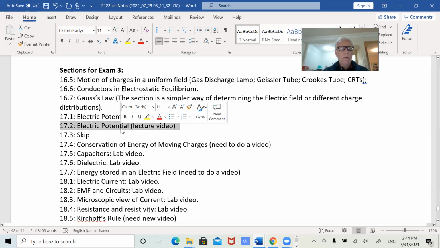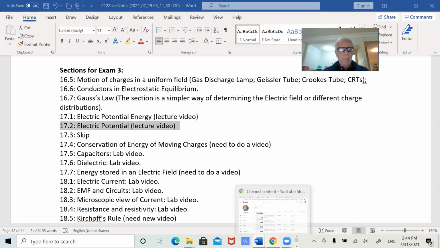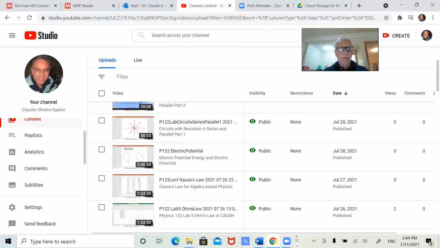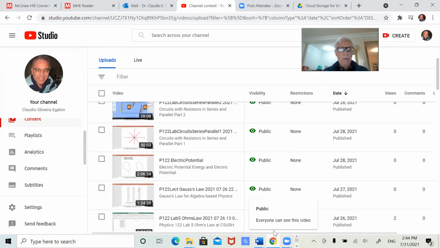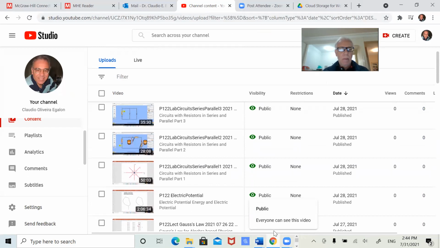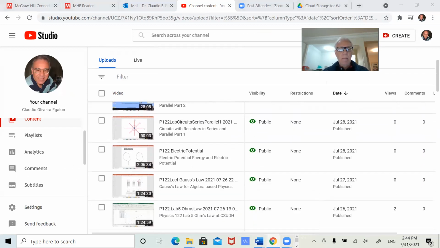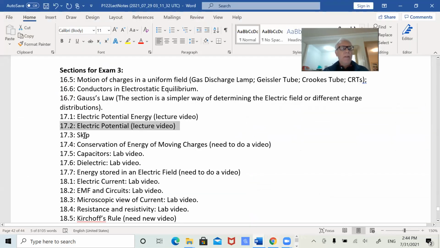Electric potential is there as well, section 17.2, right in here. 17.3 we're going to skip.